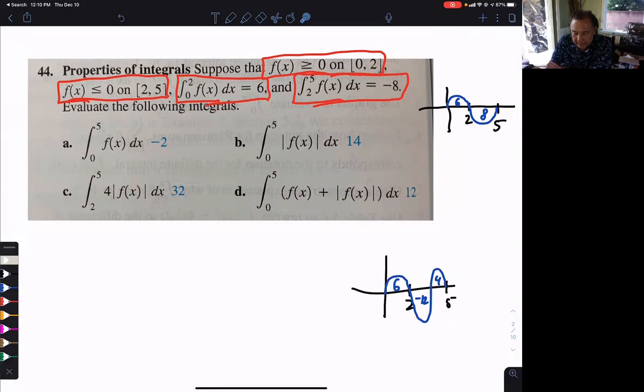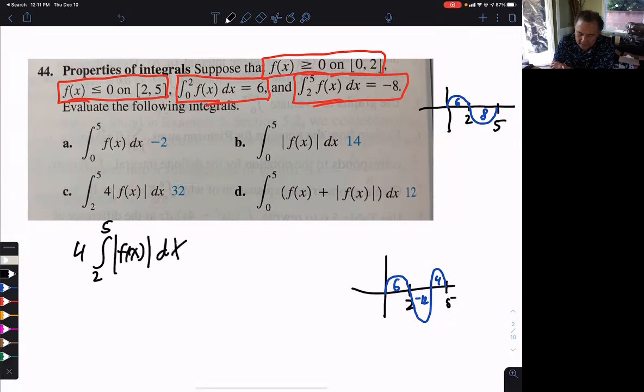Let me go to part C. So the rule for this, you're allowed to take a constant and put it in front. So that's going to be 4 times the integral from 2 to 5 of the absolute value of f of x dx. Now here's 2 to 5, but you're absolute valuing it.